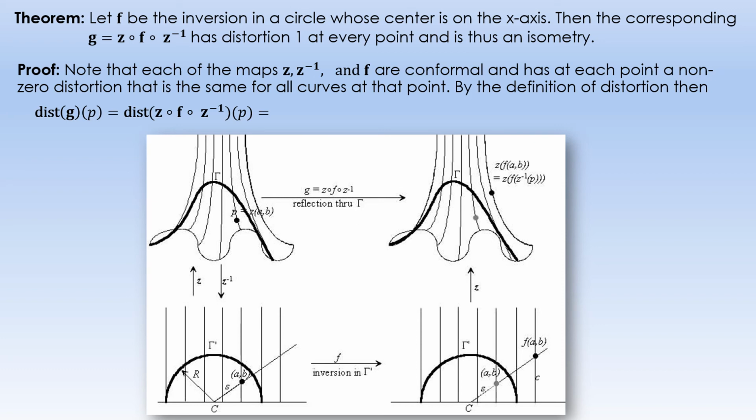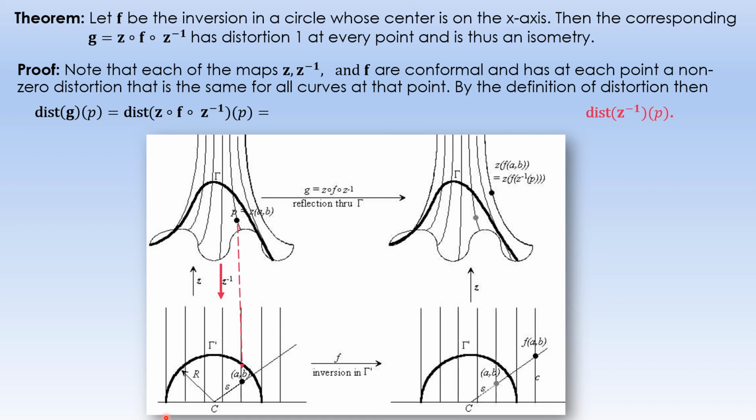If you find the point P here on our first diagram, so P is on the hyperbolic plane, so that curly figure is our hyperbolic model, then Z inverse would map P onto our point AB down here. So as we map to that new point, we are multiplying by some distortion factor.